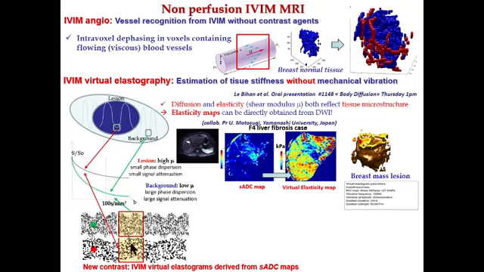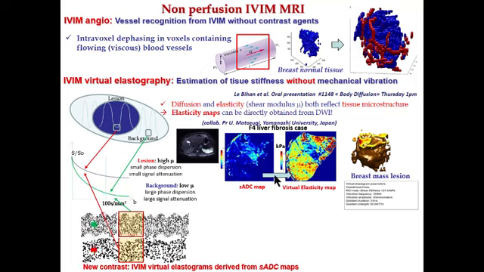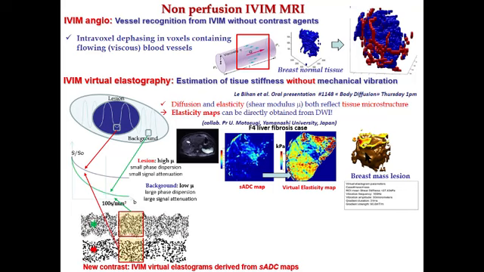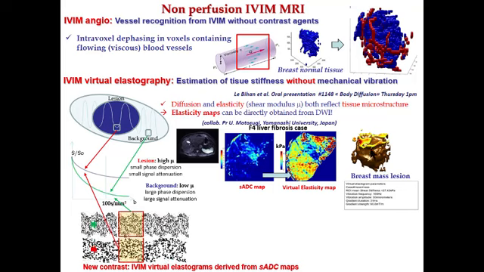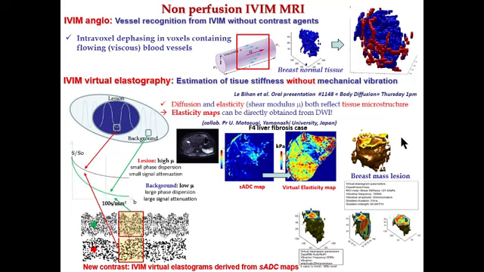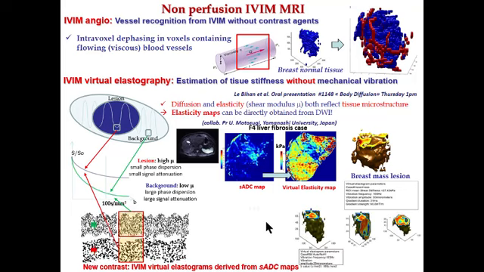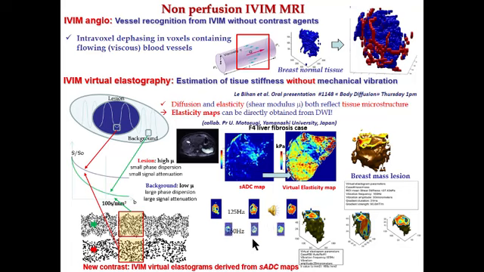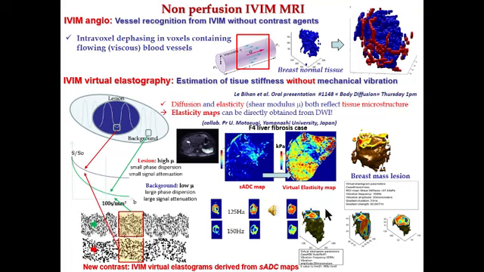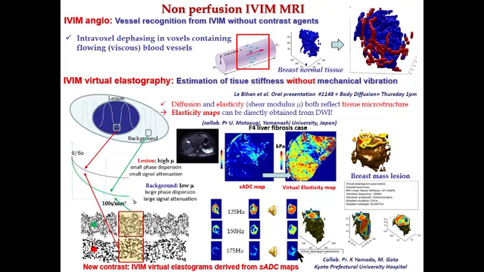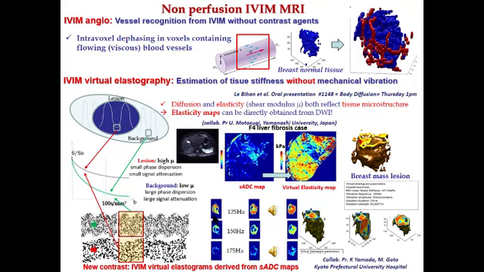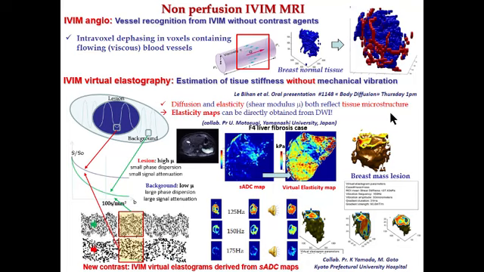You see that the dispersion of the mechanical displacement is much less. So we get a contrast based on this IVIM effect, which has nothing to do with perfusion, but is linked to the mechanical dispersion. And we can get a new kind of contrast, which is IVIM-based elastography, if you like. But again, as I will show on Thursday, there is no need to use mechanical vibration for that.